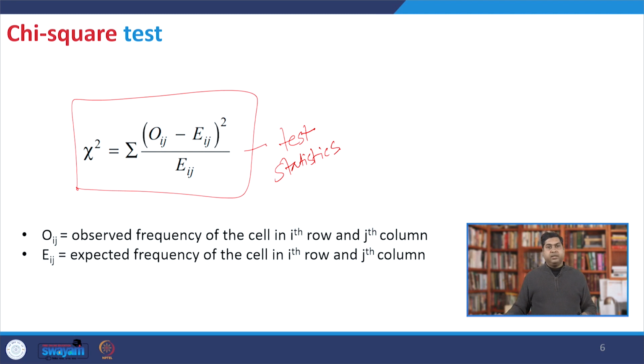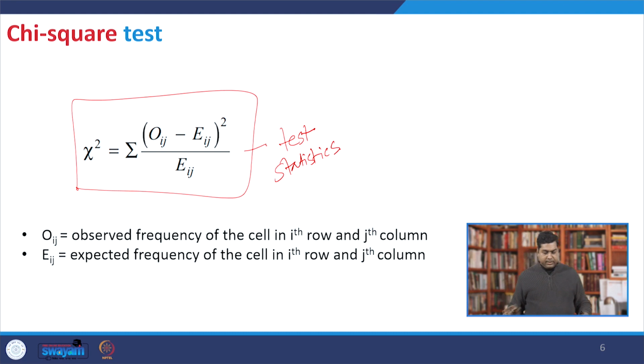So here also we are following the same. There are established chi-square tables based on certain degree of freedom and also the significance level. We pick the critical chi-square value and compare it with the test statistics, and then whether it is greater than or equal to or less than, we take a call on the hypothesis. We'll come to that.